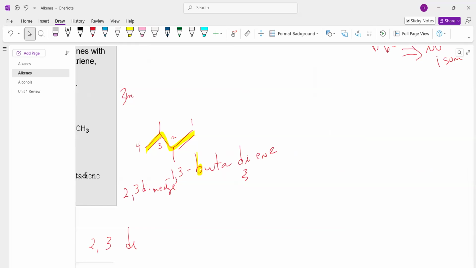Usually if you look on the package or the bottle, it'll say EPA, so many milligrams. That's an E, not a C, and H. So EPA has 5 double bonds.